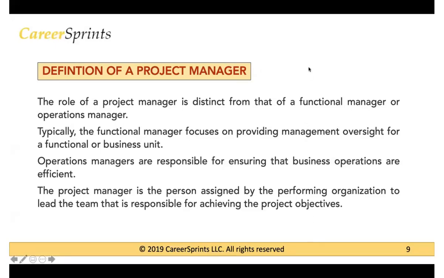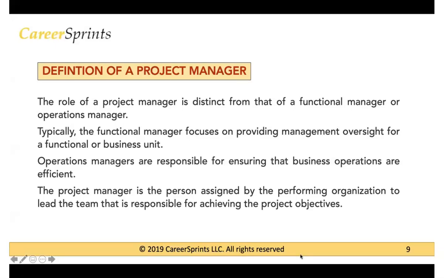So in a nutshell, a functional manager is like a departmental manager. So for example, let's say the testing manager, or the development manager, like in a software company, you can have a testing manager, you can have a development manager, or you can have a QA lead.